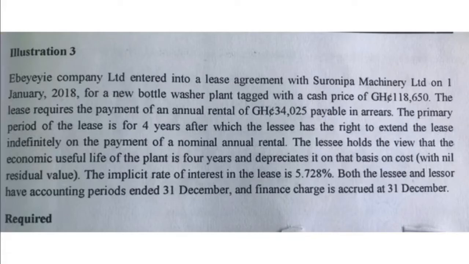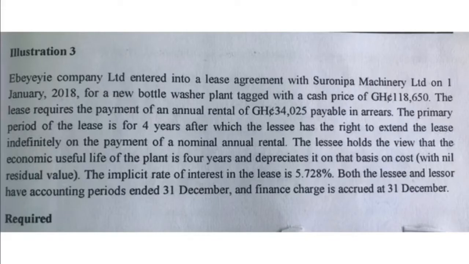The lessee holds the view that the economic useful life of the plant is 4 years and depreciates it on that basis on cost with no residual value. The implicit rate of interest in the lease is 5.725%. Both the lessee and the lessor have accounting period ended 31st December.